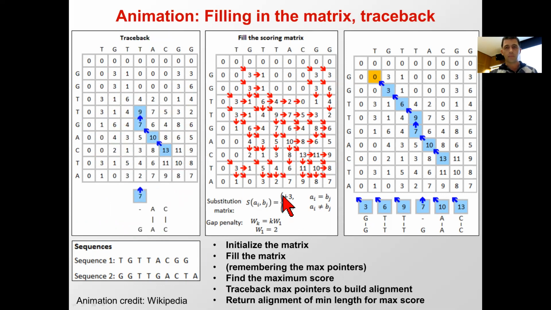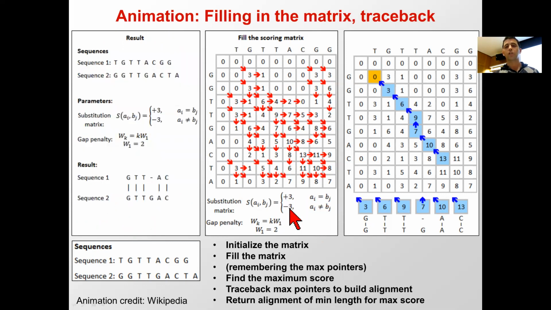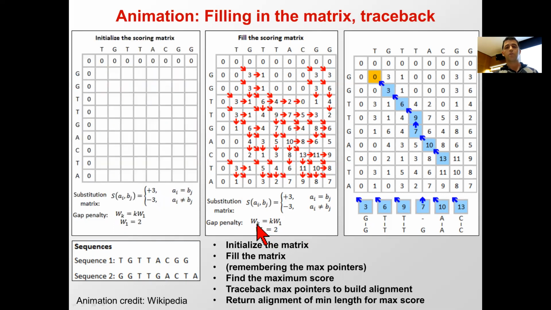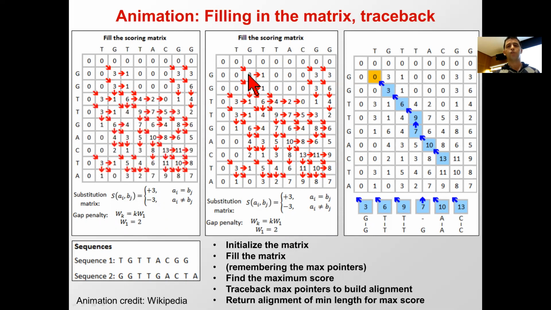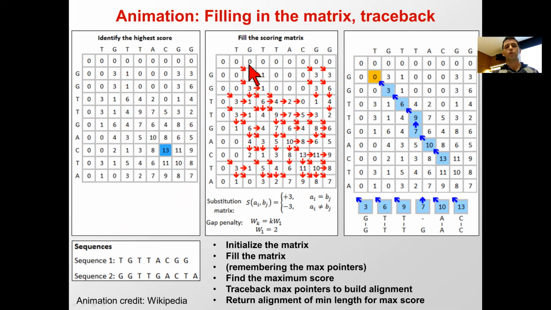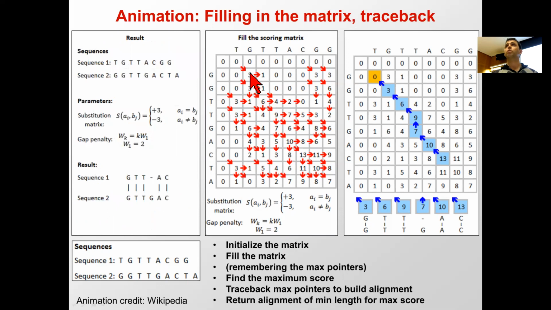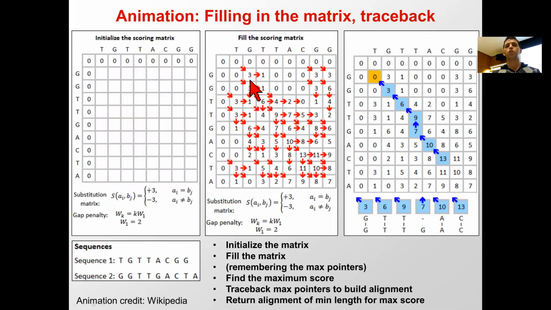They're computed based on a +3 match and a -3 mismatch, and a gap score of -2. Okay, so every time I'm here, I can basically say, well, how did I compute this? It was the best choice of adding a gap here, or adding a match or mismatch there, or adding a gap here. Sounds good?